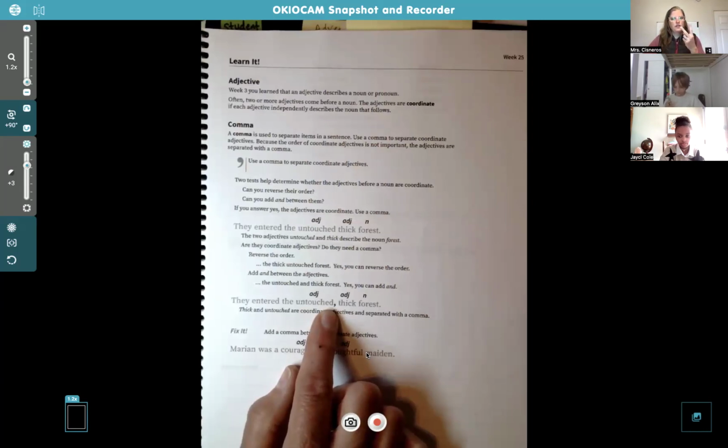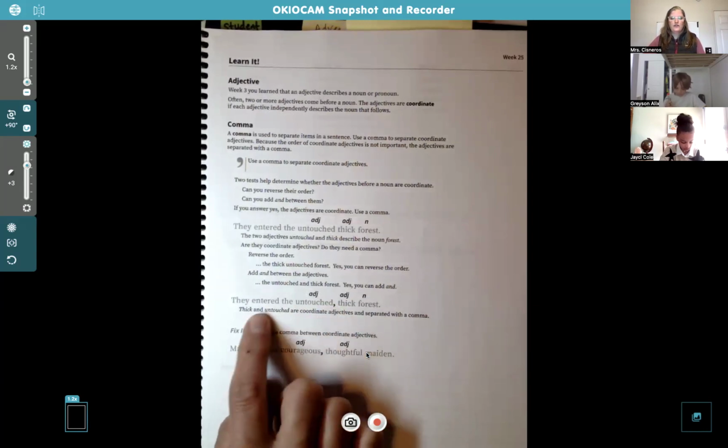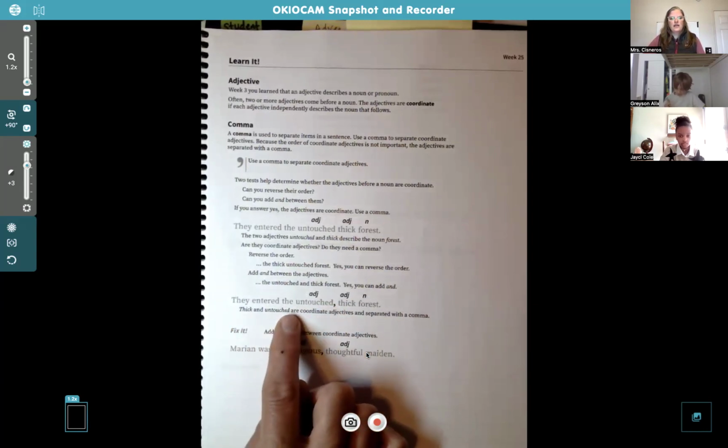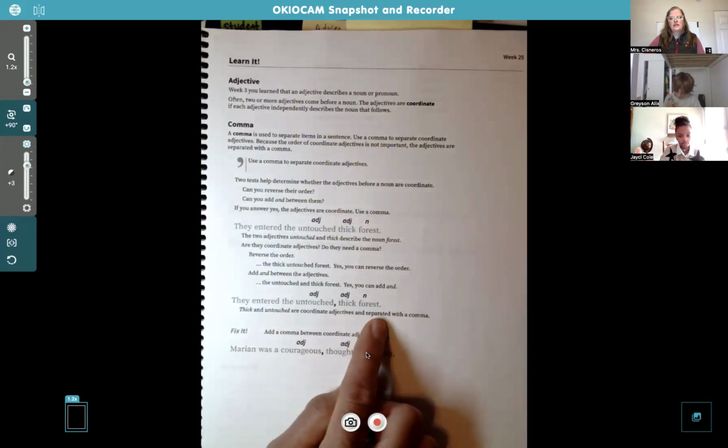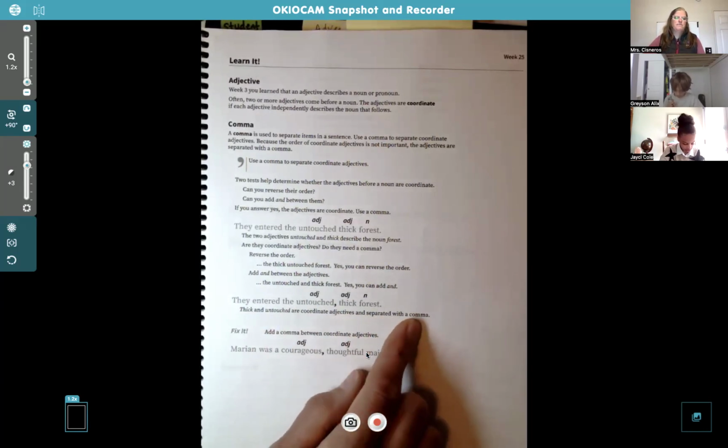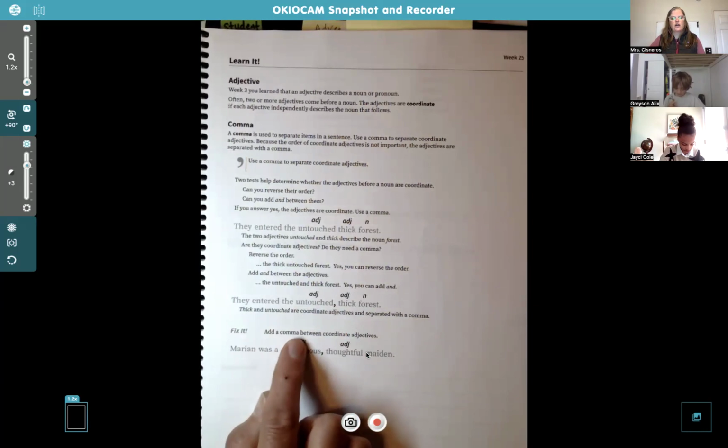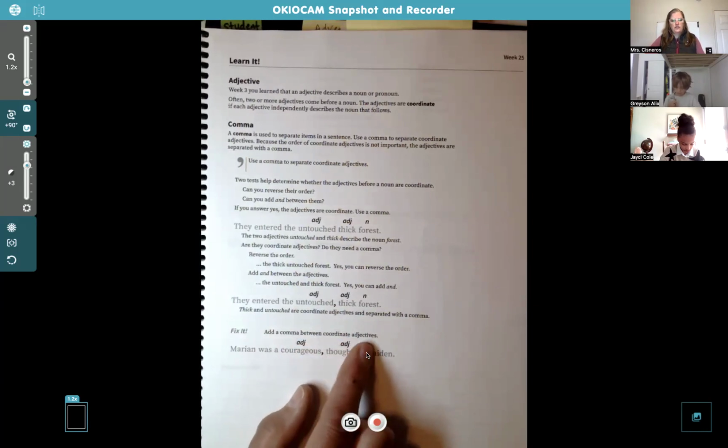Usually when you have 2 things listed, you don't need a comma. But since we don't have the word and here, you do need a comma for this. Okay, so sometimes those rules have exceptions. That's why English is so hard to learn. Thick and untouched are coordinate adjectives and separated with a comma. So all you're going to do is add a comma between coordinate adjectives.